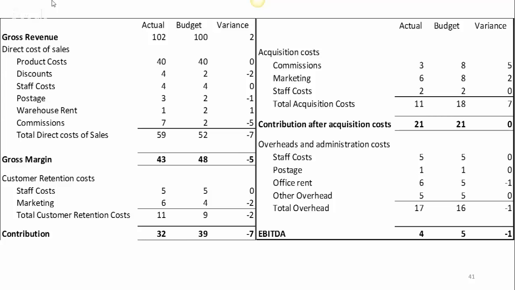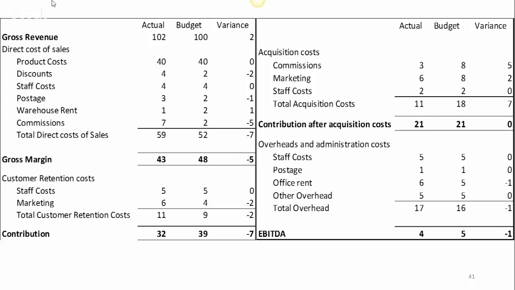So I'm selling more stuff through an indirect sales channel than through a direct sales channel than I planned. Is that a problem for my business? Do I need to have a look at that? I have a look at my marketing. I've overspent on retention marketing. But on the other side of the coin, I've underspent on acquisition marketing.